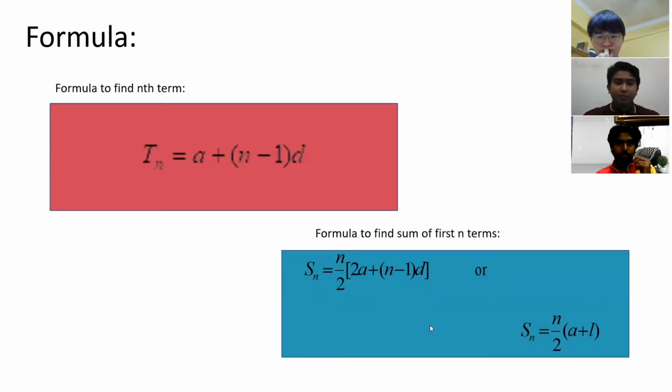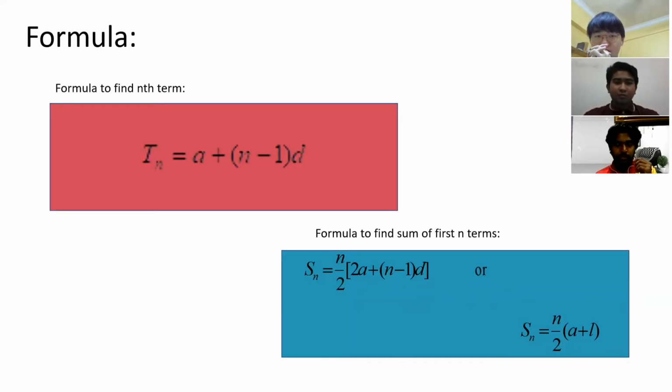Let's look at the formula. There are two formulas of arithmetic sequence: first, the formula to find the nth term, and the formula to find the sum of the first n terms. The first, Tn equals a plus open bracket n minus 1 close bracket d.